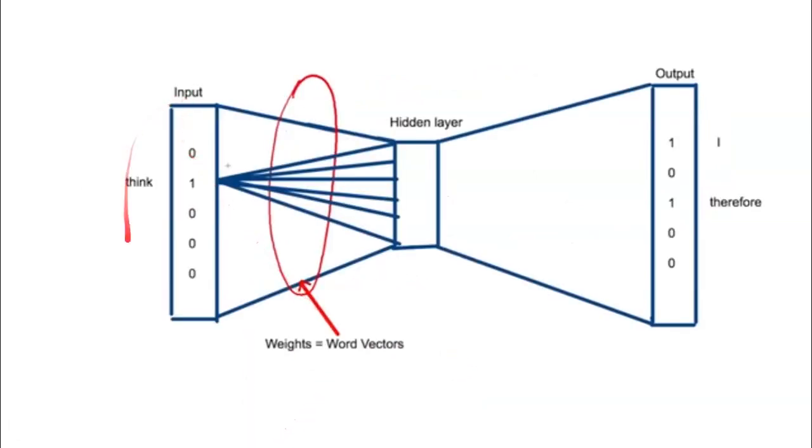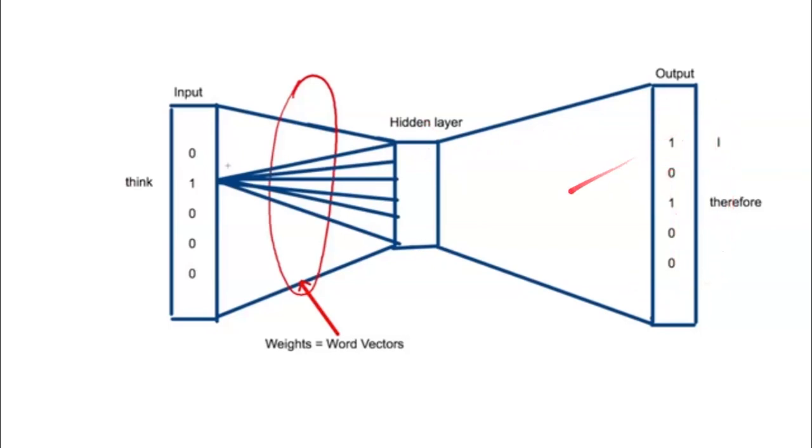In the neural network it is clearly shown: I am passing the word "think" as a one hot encoded vector. It is connected to the hidden layer through different weights associated with each connection. These weights will be learned or trained in the hidden layer. Then it will predict an output in this form.